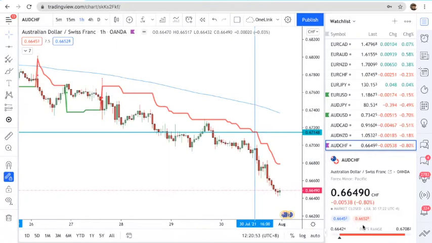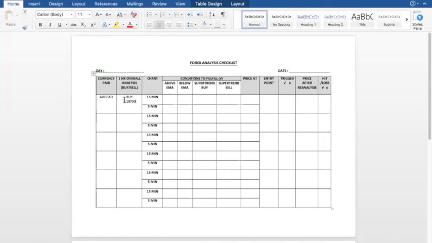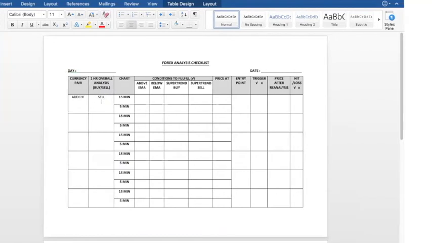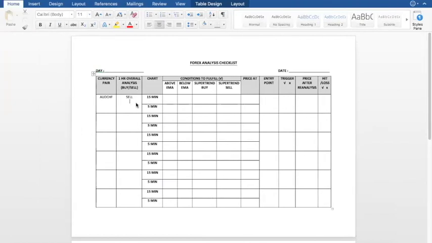Remember, go for sell. What's the price? 0.67148. Okay, got it?